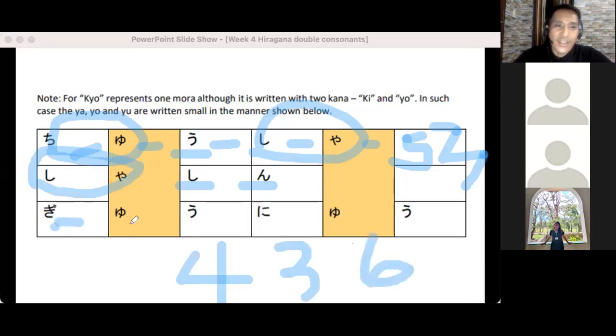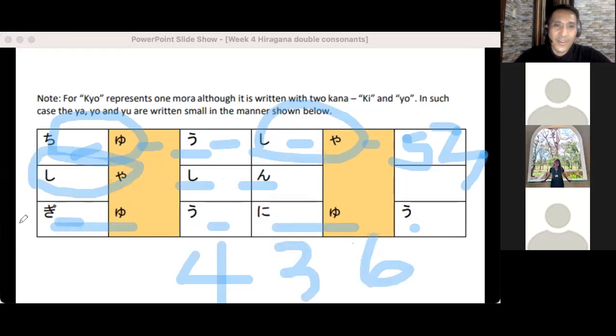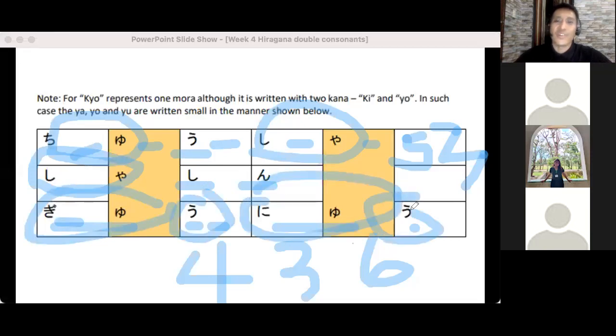How many mora? Gyuu, nyuu. Okay, 4. That's right. 1, 2, 3, and 4. So 4 mora. I hope you get the hang of the mora and the kana.